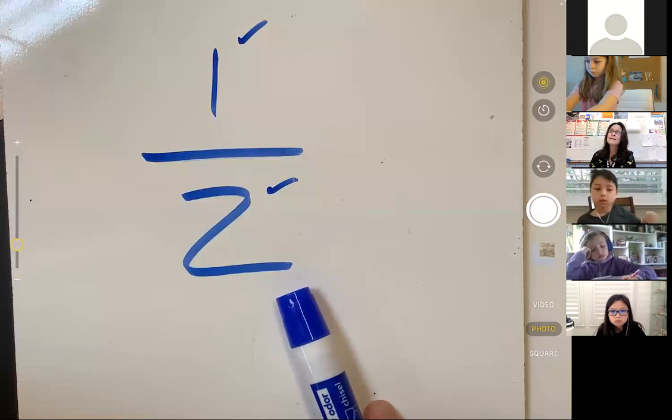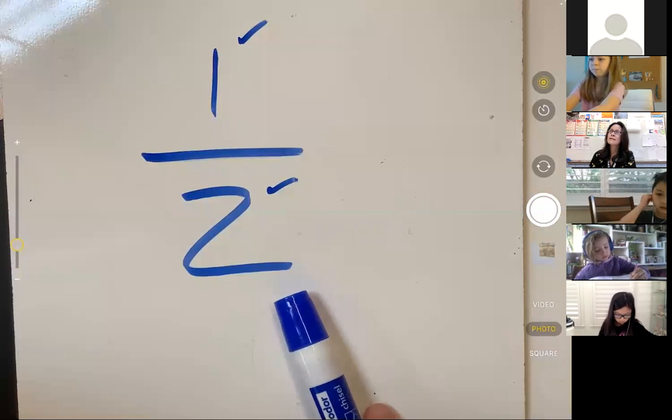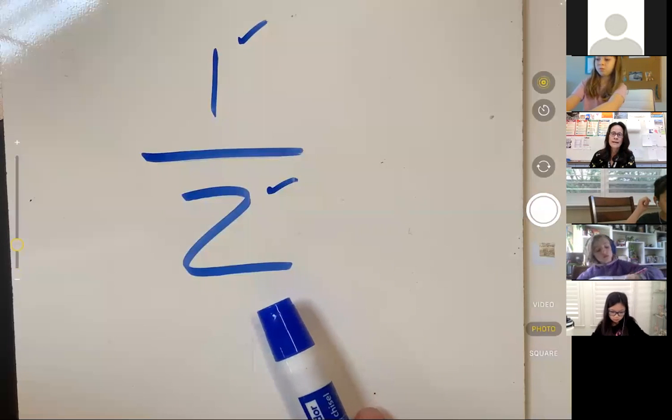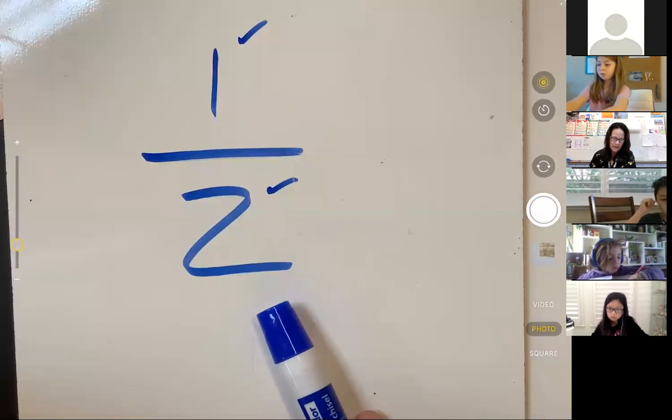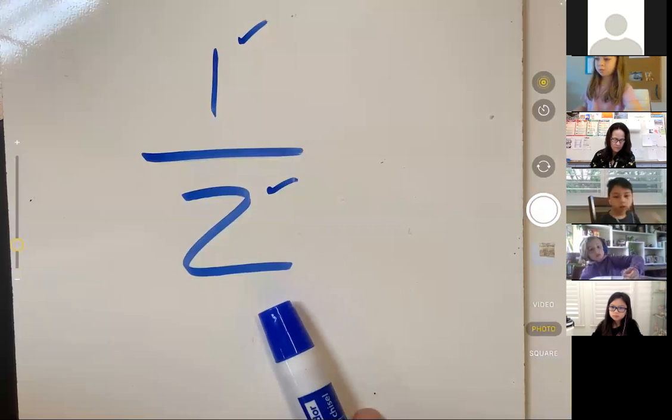So in taking the denominator first, the denominator tells us the number of equal parts in a whole. I'm going to say that again. The denominator tells us the number of equal parts in a whole.